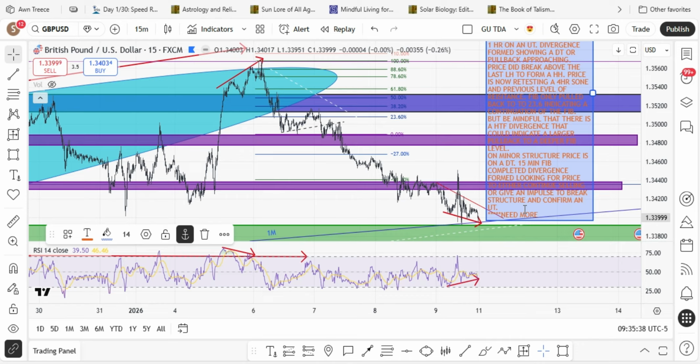Need more price to play out. No entries or bias.